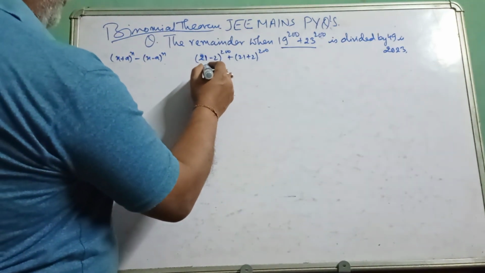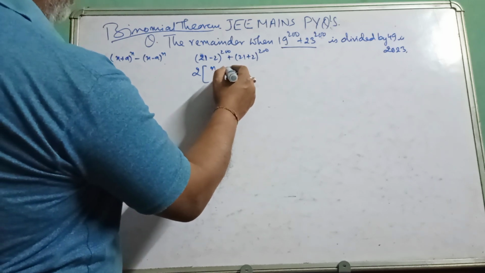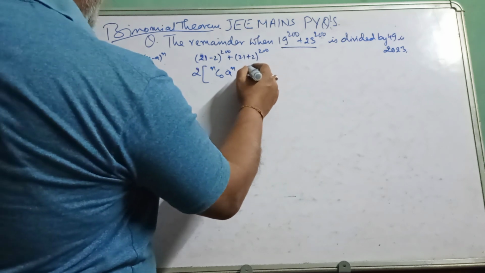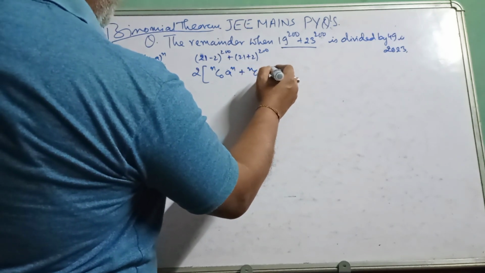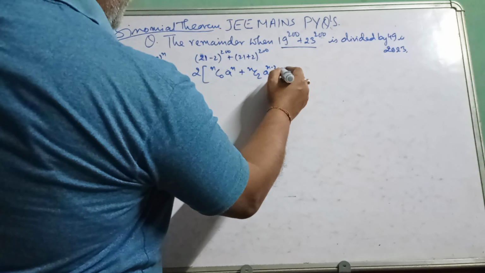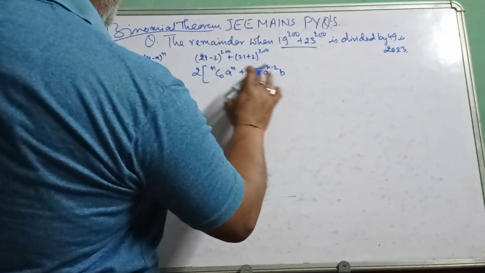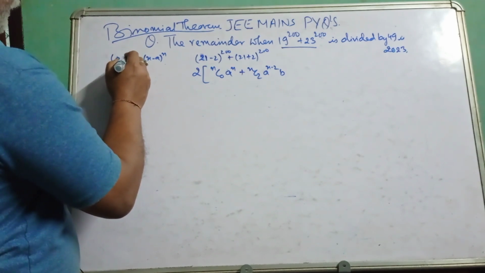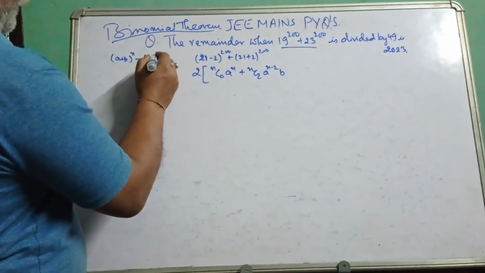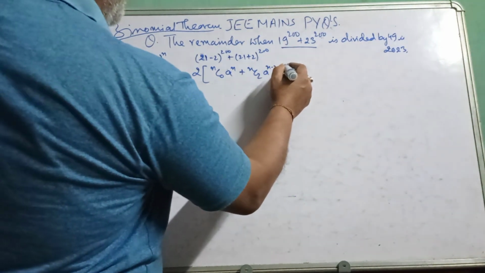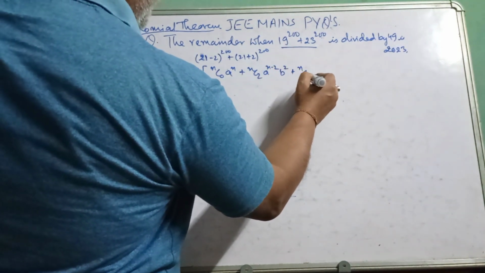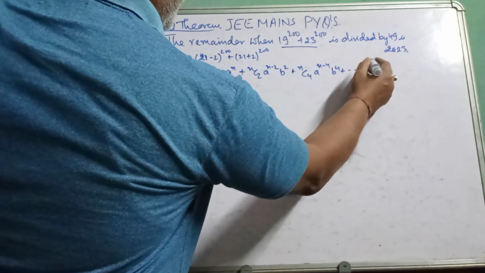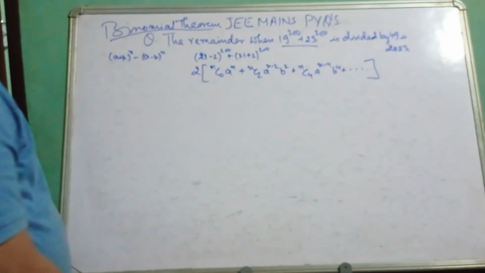So this is 2 times nC0 a to the power of n plus nC2 a to the power of n minus 2 b squared, letting these be a plus b and a minus b, and nC4 a to the power of n minus 4 b to the fourth, and it goes on like this. Now I put the value of a and b here.